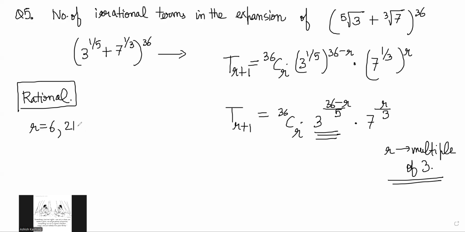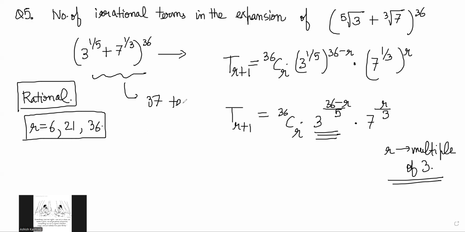And 36 will work, right? So 6, 21, and 36 will work. These are the three terms that are coming as rational, and therefore the whole series has 37 terms. So if 37 terms are there and 3 are rational, the answer is 34 irrational terms, right? So we come to the conclusion for this problem.